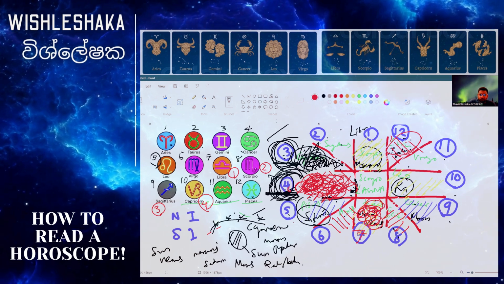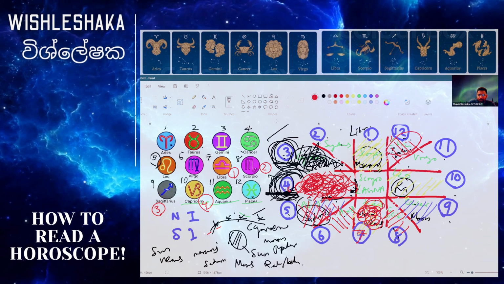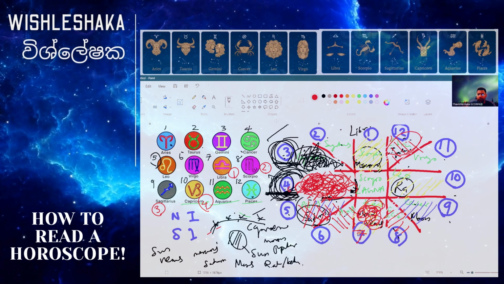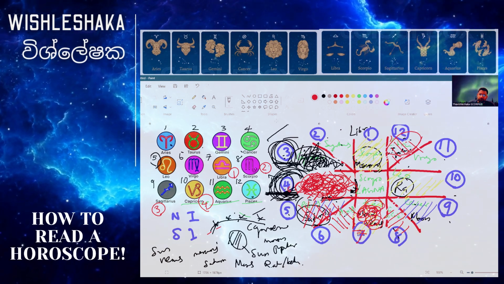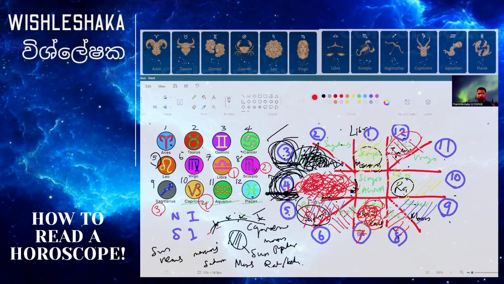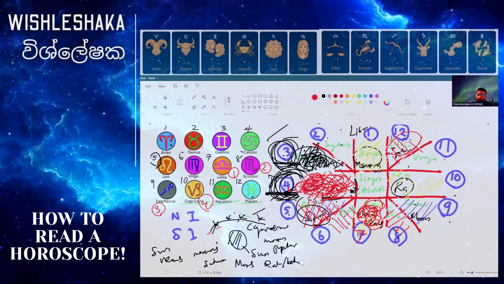So for example, if someone has so many planets in the 5th house, 5th house is about education, about your abilities, and especially about your children. So if you have so many planets in the 5th house, the main focus is having children, etc. You know what I mean?